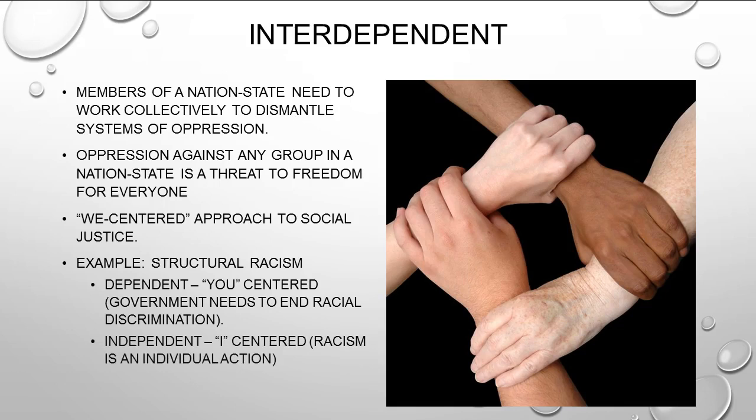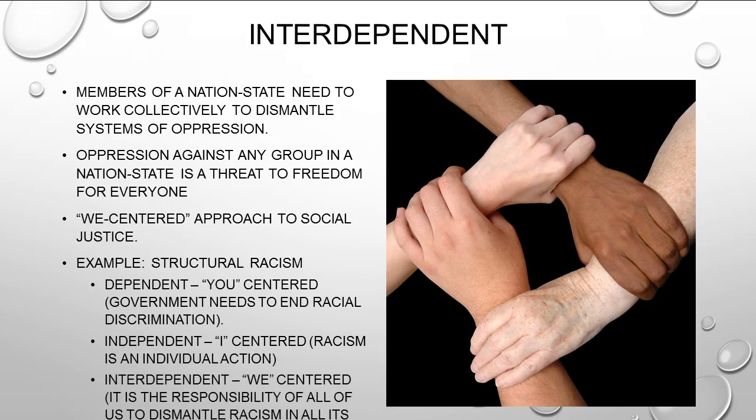There's independent, which is an I-centered view of structural racism, so that racism is just an individual action, so it's just individuals who are racist or not racist, and there's no recognition of the state. And then there's the interdependent, we-centered form, and that's really that it's the responsibility of all of us to dismantle racism in all its forms.